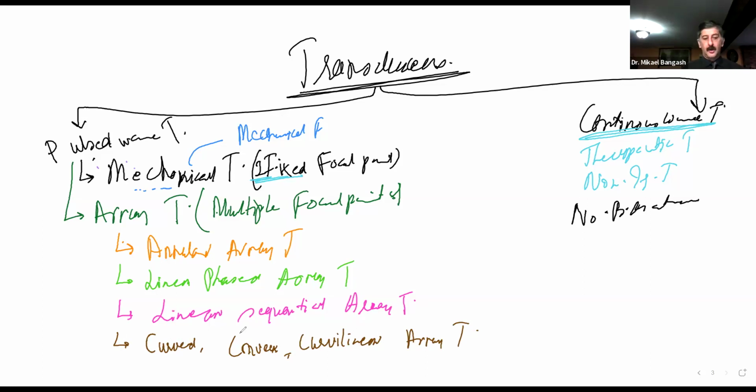So it can be called a curve array transducer, a convex curve array transducer, or a curvilinear array transducer. And last but not least is what we call the vector array transducer.